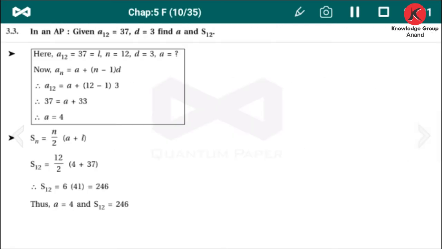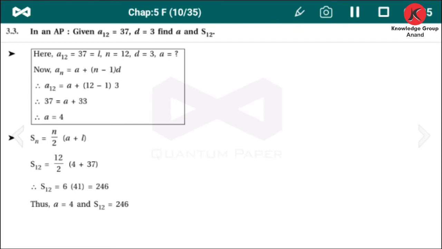Number 3. In an AP, given a12 = 37, d = 3, find a and S12. Here a12 = 37 is the last term l, d = 3, n = 12. Find a.